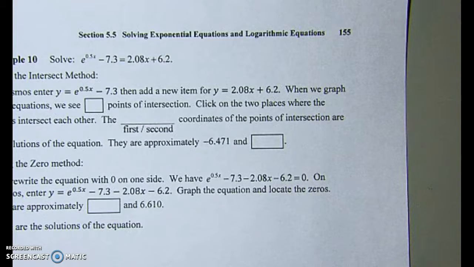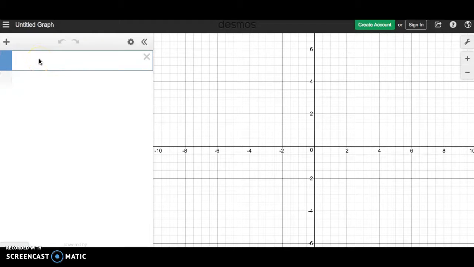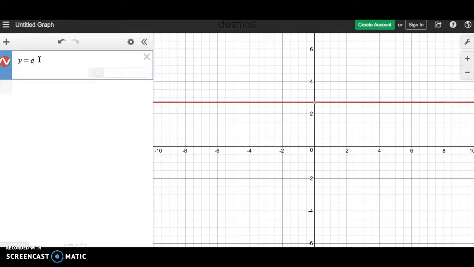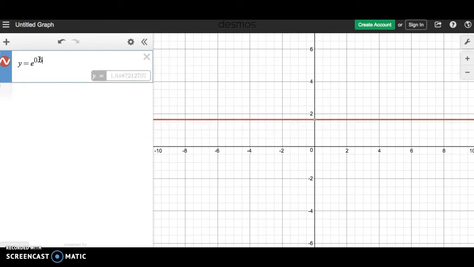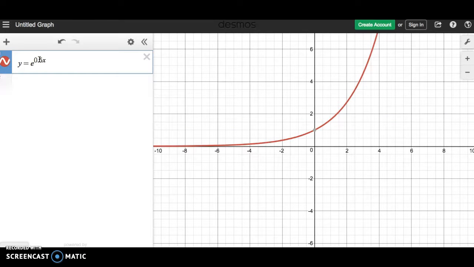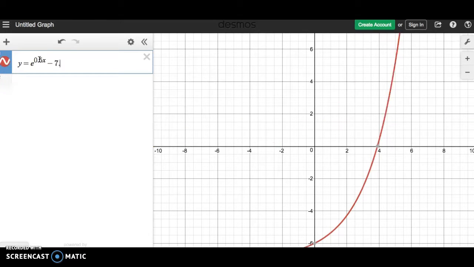So I'm going to switch over to decimals as I explain what we're doing. Within decimals, we're going to talk about the intersect method and the zero method that we've been talking about all through our notes so we can see what it looks like. It's asking us to solve using the intersect method. So on the left-hand side, I'm going to enter y equals e to the power of 0.5x minus 7.3.